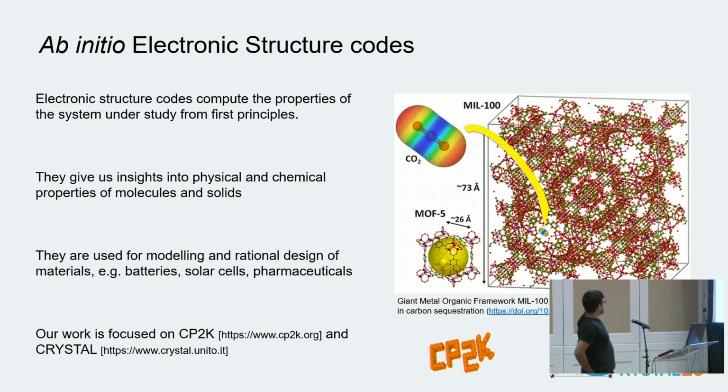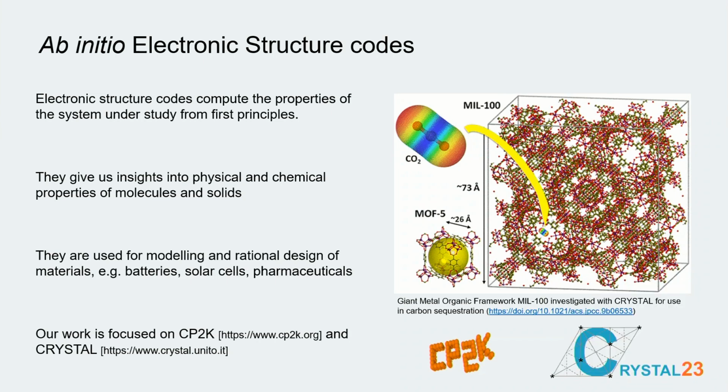They give us quite detailed insight into the physical and chemical properties of molecules and solids, and depending on your level of theory and how much computational power you want to spend, they can usually be reliable. They are used for modeling and design of different materials, such as batteries, solar cells, and pharmaceuticals. We saw a lot of examples in the poster session yesterday. Our work is focused on two of these programs, CP2K and Crystal.